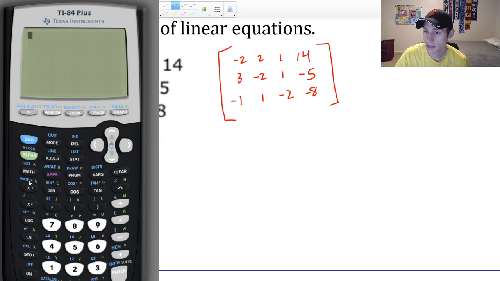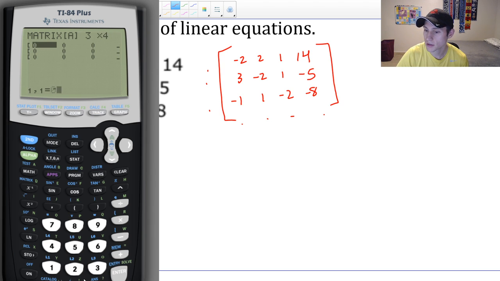First thing we do, we need to get to matrix right here. So we do second, x to the negative first. We go over to edit. We'll use that first one. This has 3 rows, so 3, enter. And this has 4 columns, so 4, enter.